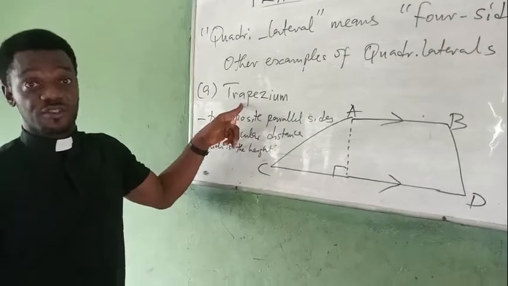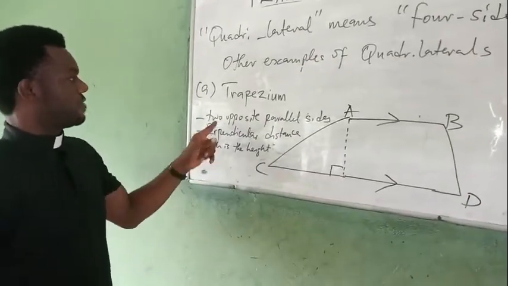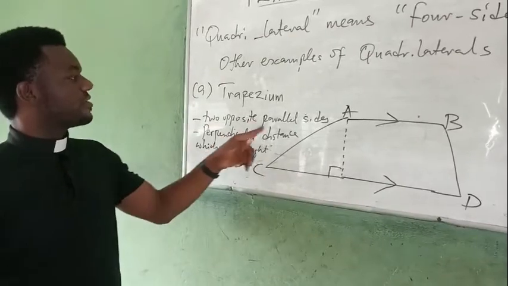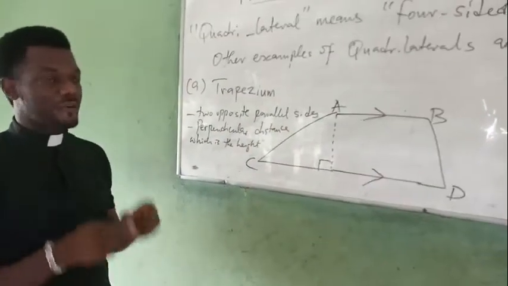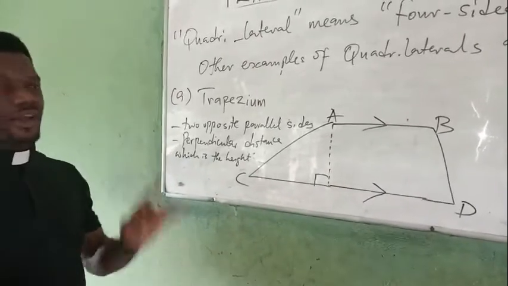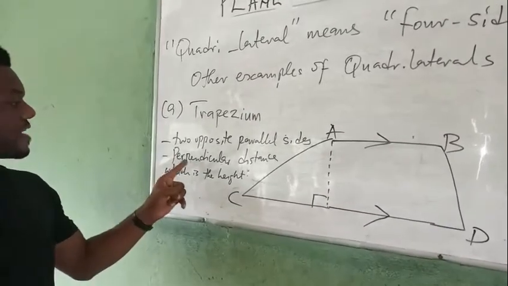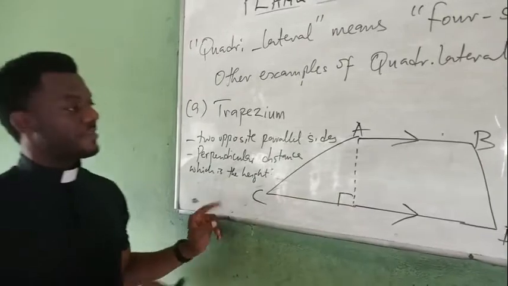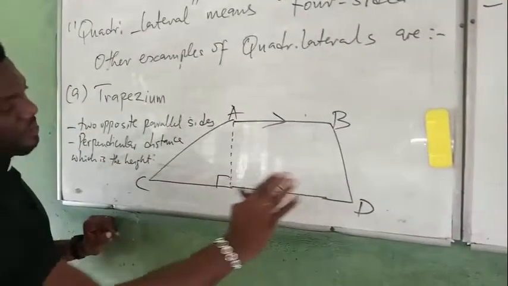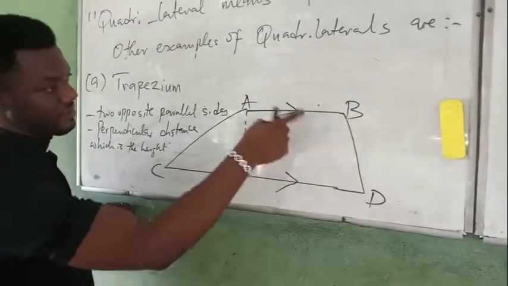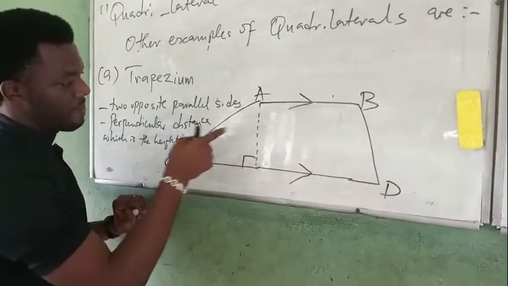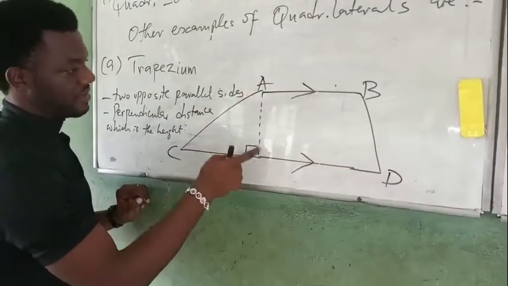The first example of a quadrilateral is the trapezium. The quality of a trapezium is that it must have 2 opposite parallel sides. Then it must have a perpendicular distance, which is the height. This is the shape of a trapezium. You see the 2 opposite parallel sides, and then there is a perpendicular distance like this.